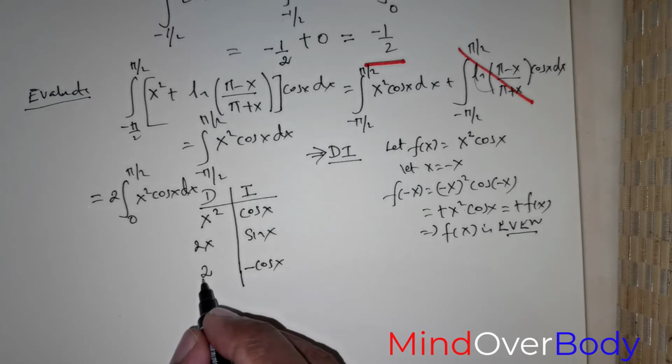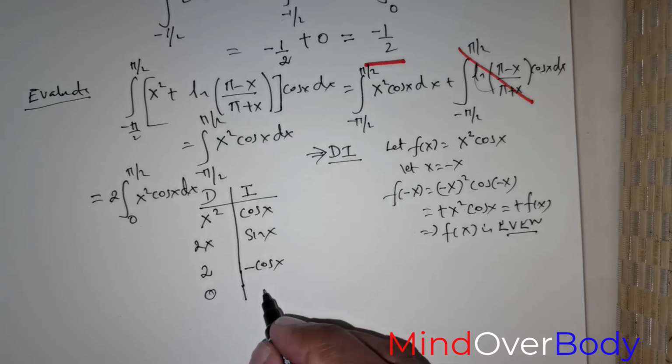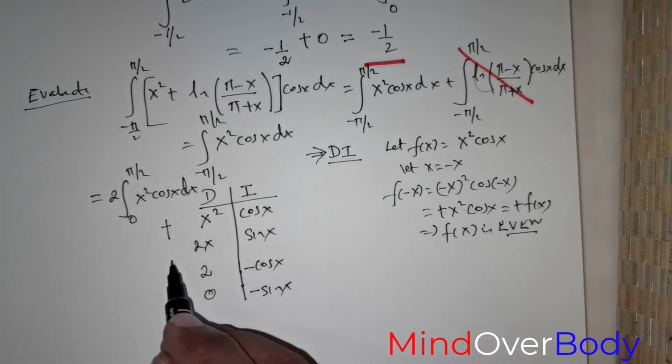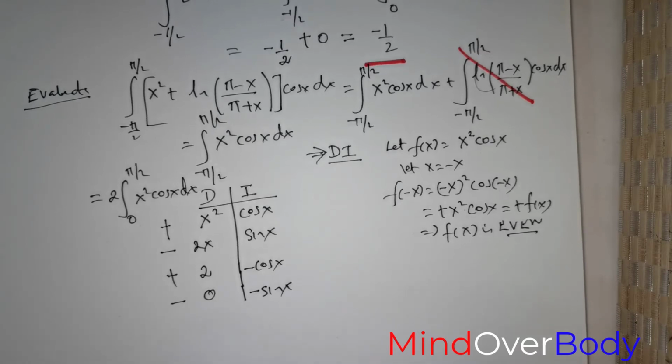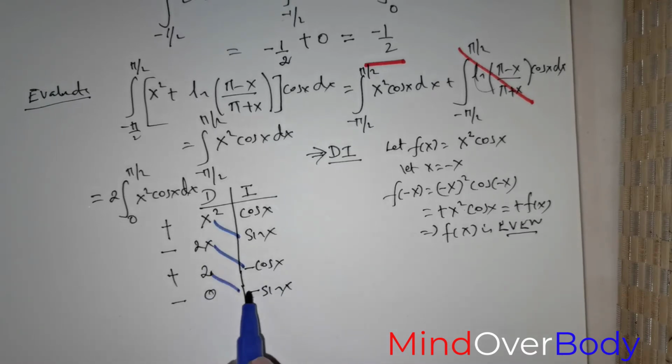Differentiation of 2 would give me 0, and the integration of negative cos x is going to give me negative sin x. Now we need to start with a positive sign, a negative sign, a positive sign, and a negative sign. And then we club this with this, this with this, this with this. So let's do that.